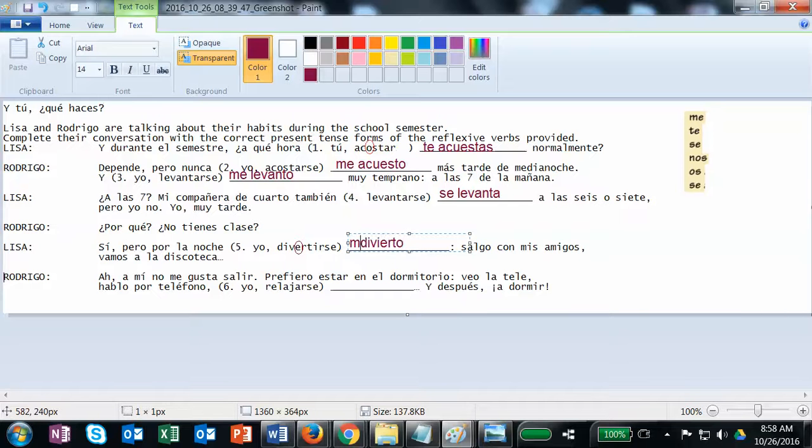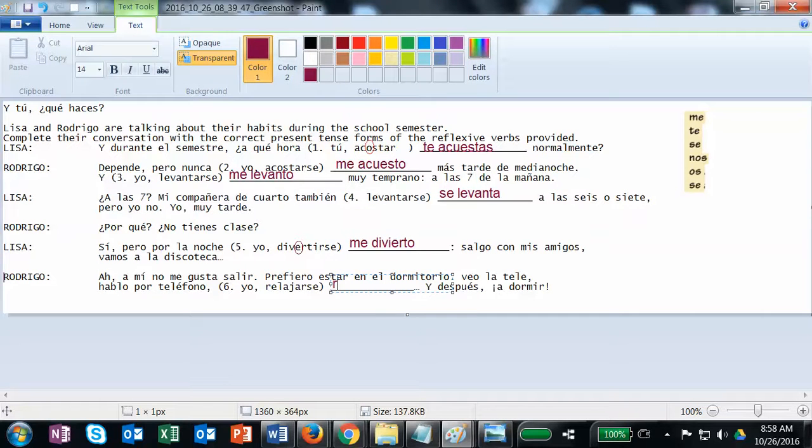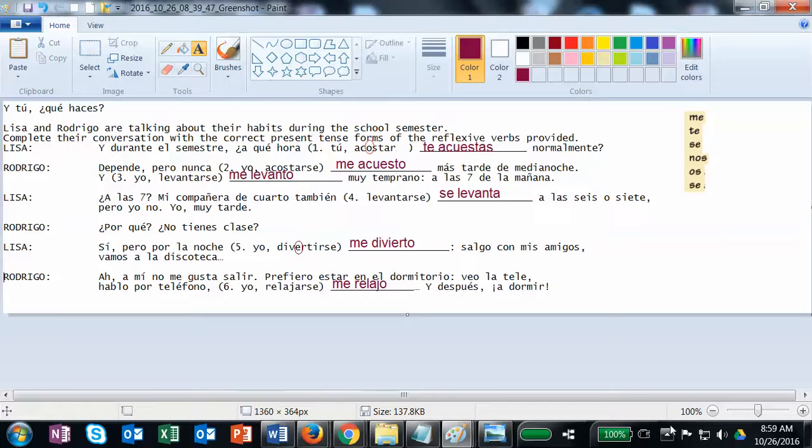And then because it's yo, we're going to add the me. "Salgo con mis amigos, vamos a la discoteca. A mí no me gusta salir, prefiero estar en el dormitorio, veo la tele, hablo por teléfono, yo." So we have relajar. Relaja. Then we would make it an O for yo, and it's regular, and I just add the me in front. Me relajo y después a dormir.